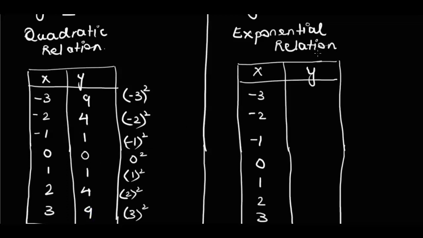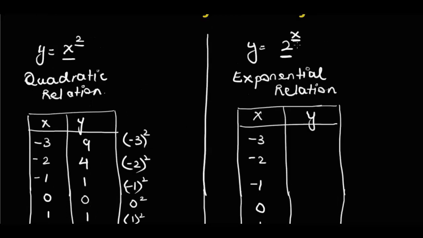Now because the exponential relation is y is equal to 2 to the power of x, the variable changes here. So 2 to the power of -3, when we put this on the calculator, we get 1/8. So this gives us a y value equal to 1/8.